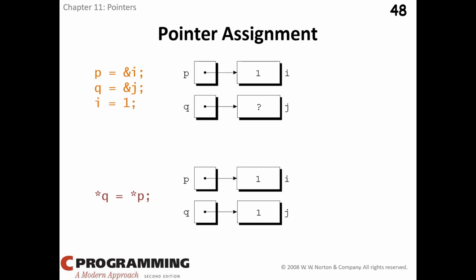Now, let's break down the example statement here that we have on this slide. So firstly, p = &i assigns the address of variable i to pointer variable p, and similarly q = &j assigns the address of variable j to pointer variable q.